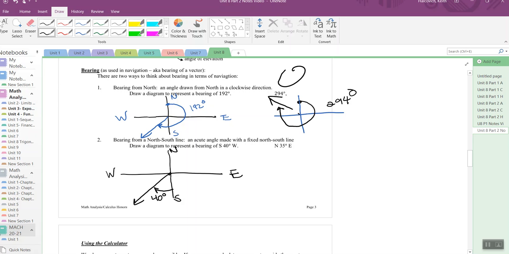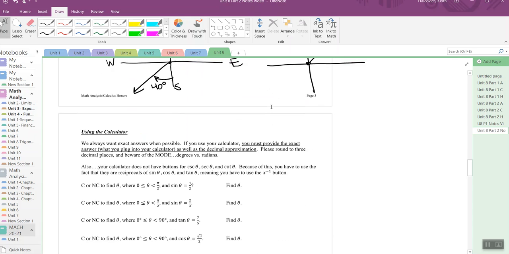So it's there. Whereas here, if you're going north 35 degrees east, you start and go north 35 degrees east, but the 35 degrees comes from the north right there. All right, so that is bearings.